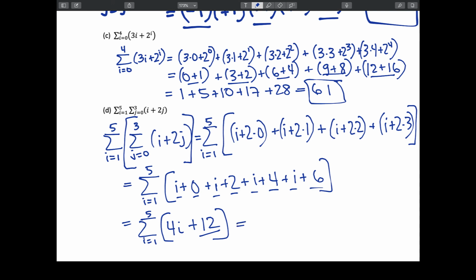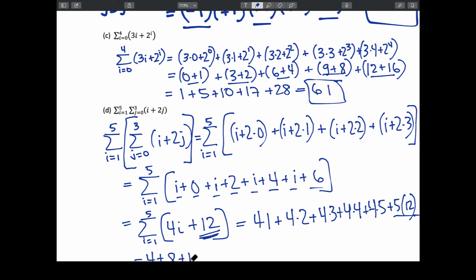So this is going to be the sum of 4 times 1 plus 4 times 2 plus 4 times 3 plus 4 times 4 plus 4 times 5, plus 5 12s. That's going to be in there 5 times on its own. And what that means is we get 4 plus 8 plus 12 plus 16 plus 20, plus those 12s, plus 60.